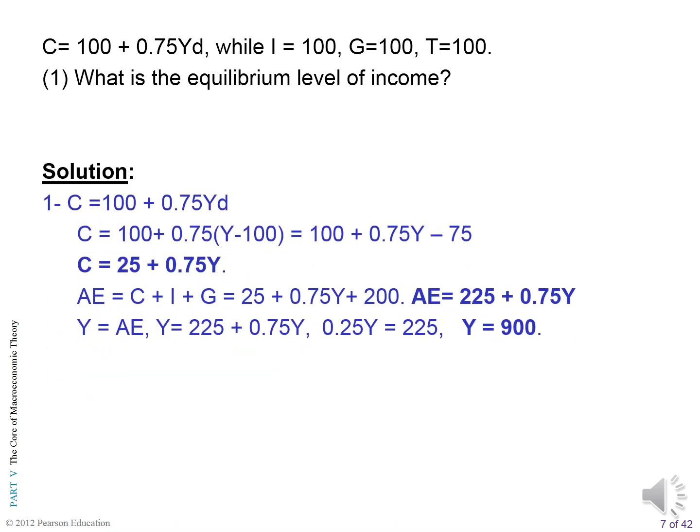Let's first calculate aggregate expenditure, C plus I plus G. I plus G is 100 plus 100, 200. No problem. The problem is in consumption: consumption equals 100 plus 0.75 disposable income. I will replace disposable income with Y minus 100, which is taxes.